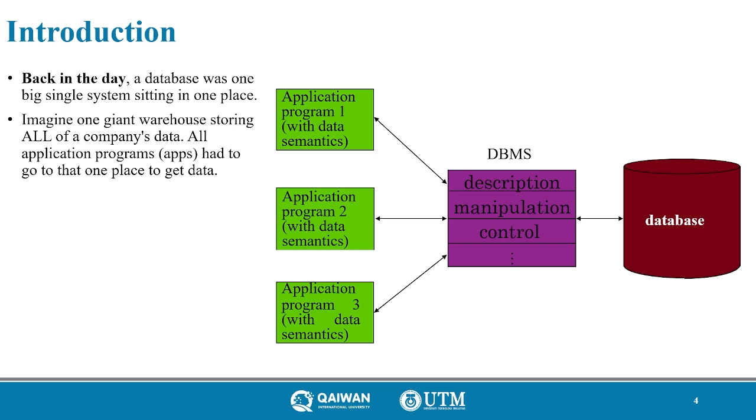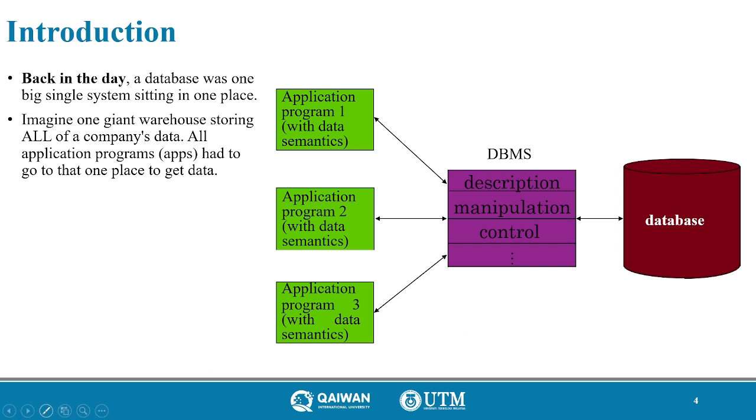Now, introduction. Back in the day, database was on a big single system sitting in one place. Just imagine one giant warehouse storing all of the company's data. All application programs had to go there, one place to get data.